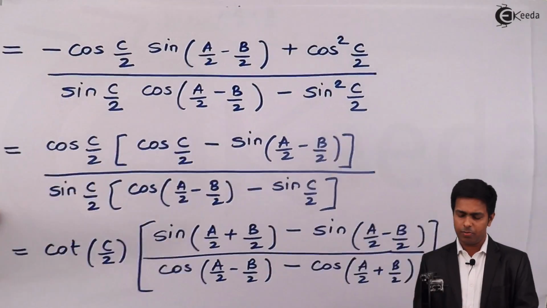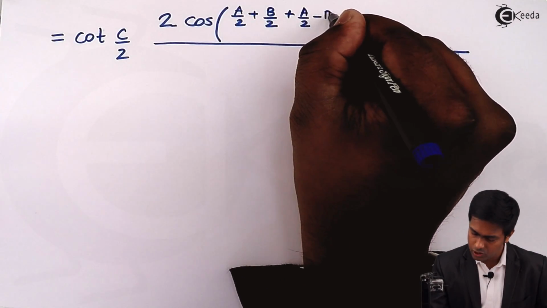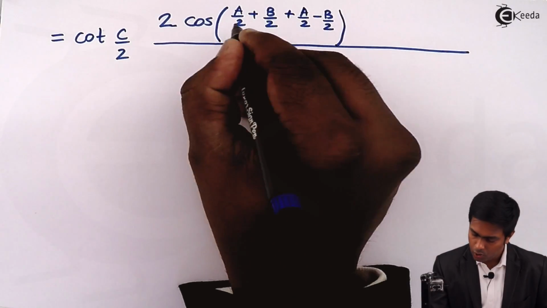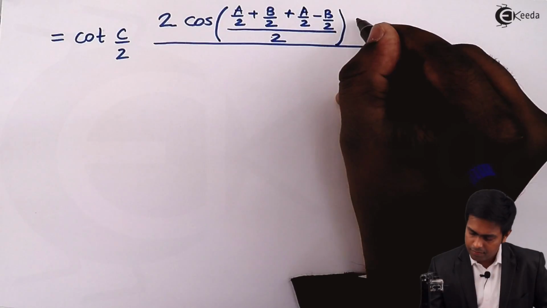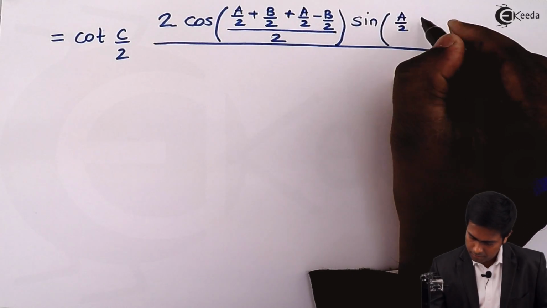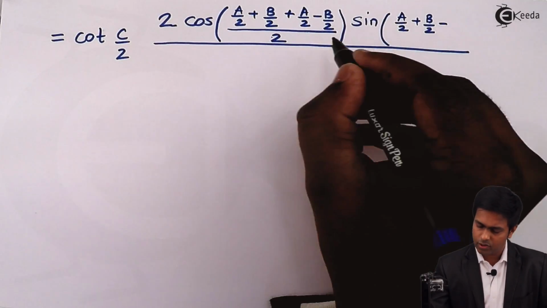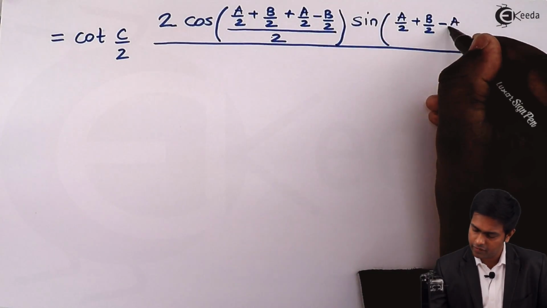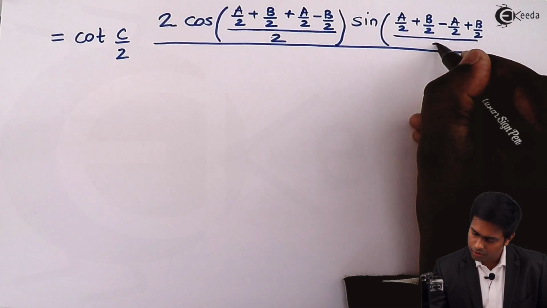And sin of (A/2 + B/2 minus (A/2 - B/2)) whole upon 2, that is first term minus second term.